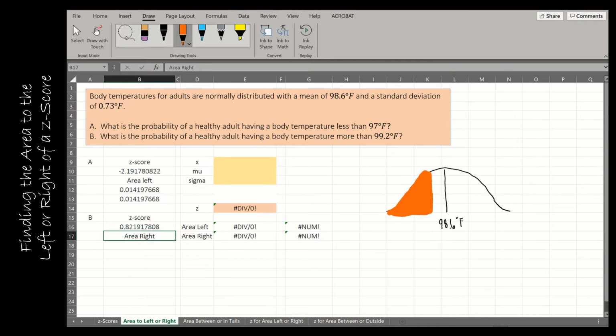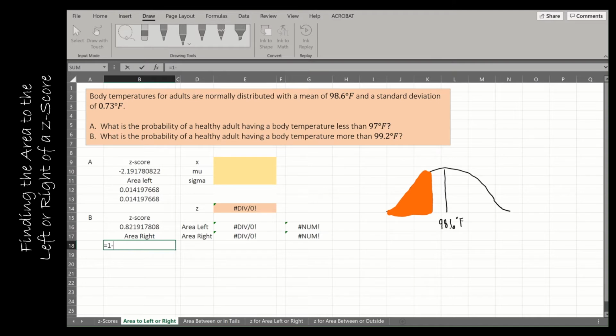So my z-score is 0.82, and then the area to the right, just as we did before with cumulative always being to the left in, say, the hypergeometric or binomial distribution, it's the same for the normal distribution. So if I want to find the area to the right, I'm going to put 1 minus the area to the left because the total area is 1, so it's just going to give me the complement.